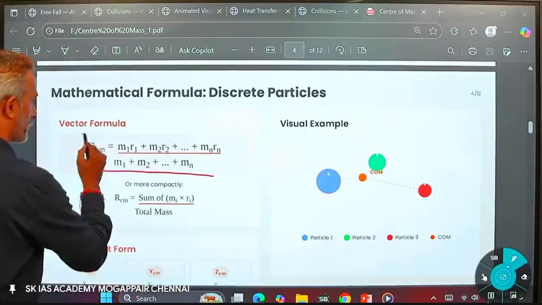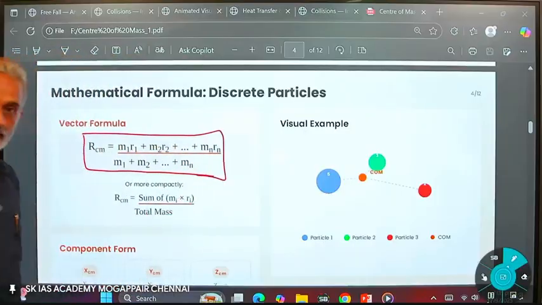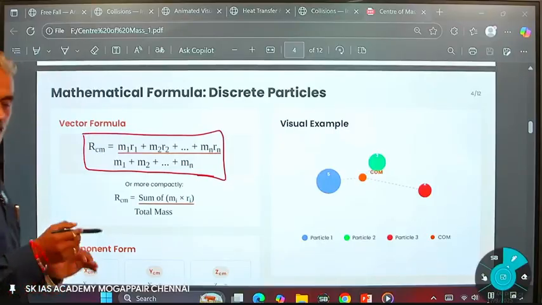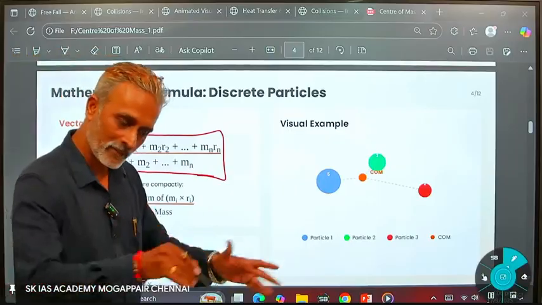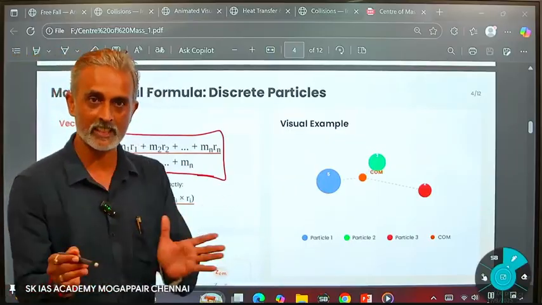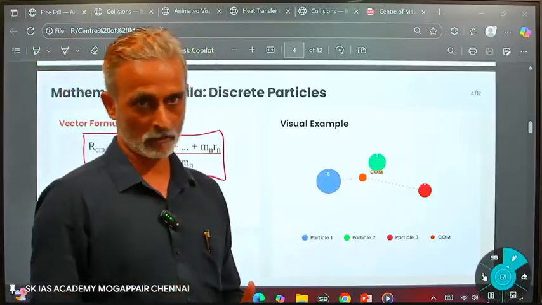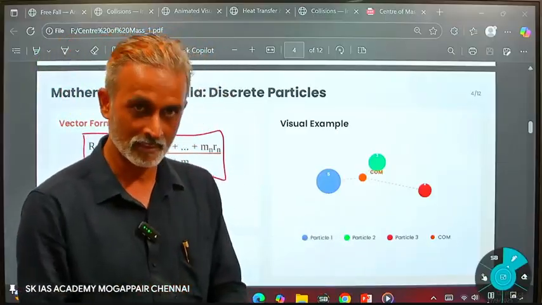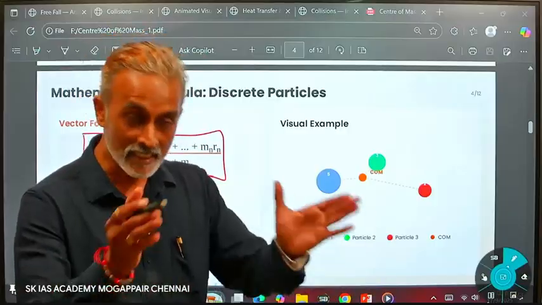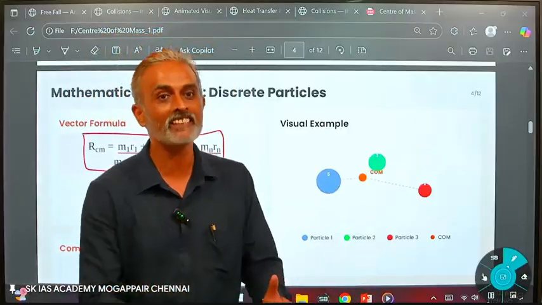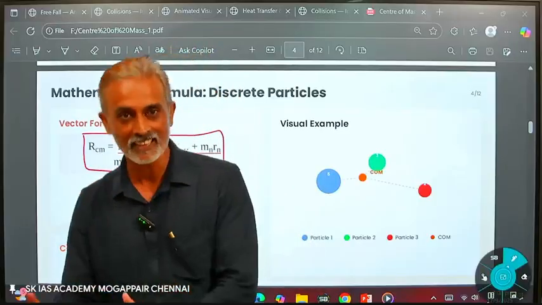R center of the mass. They have taught you R center of the mass, X center of the mass, Y center of the mass, Z center of the mass, velocity center of the mass, acceleration center of the mass.